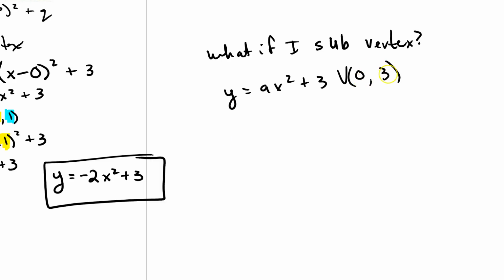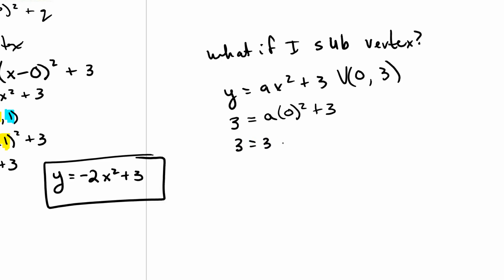So I'm going to put in my 3 for my y equals a, which is what we're hoping to solve for, times 0 squared plus 3. What? Well, if I put in my vertex, my p value actually takes this part of the equation to 0. So then I just get the information that 3 equals 3.